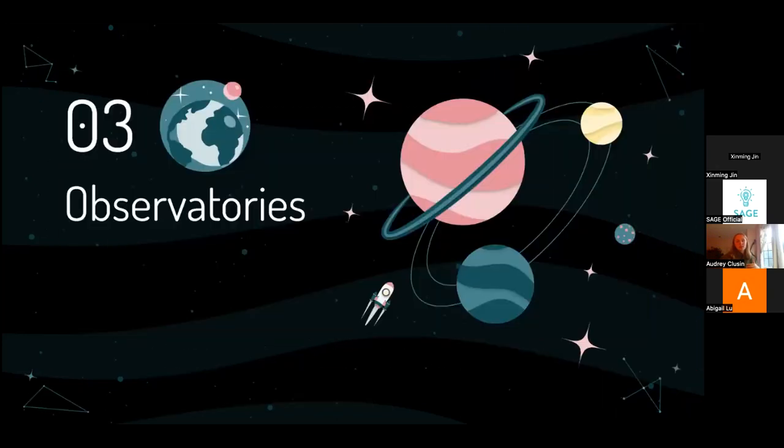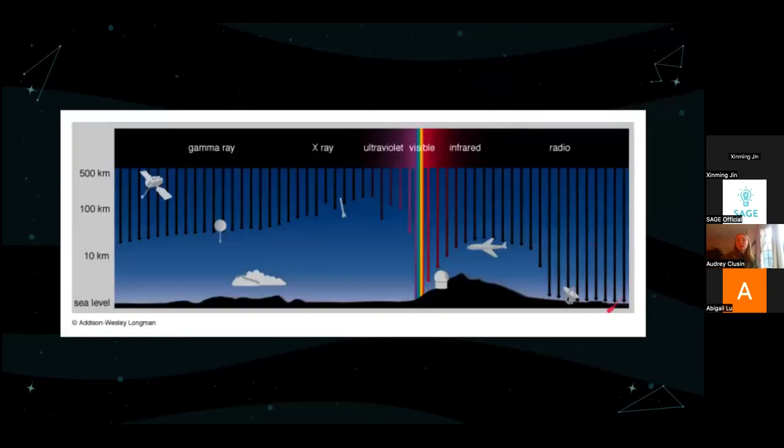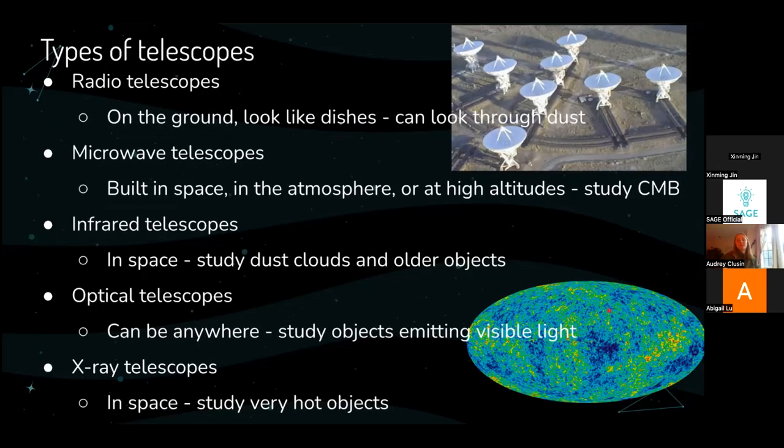If we look at the diagram back here, radio waves can reach the ground, so radio telescopes are generally located on the ground. They look like dishes. You can see them here. They look through dust clouds in outer space and at objects that are emitting lower energy light, so generally cooler objects. I mean cool in temperature.